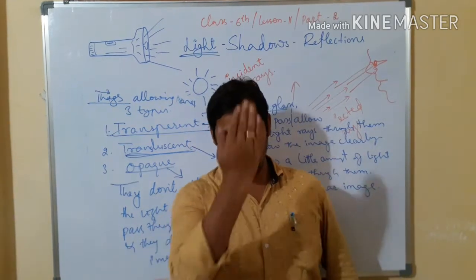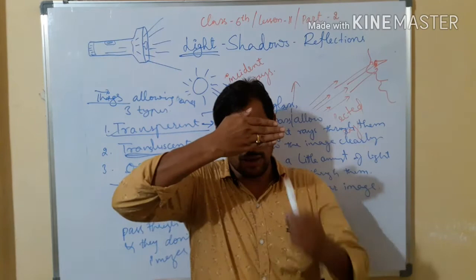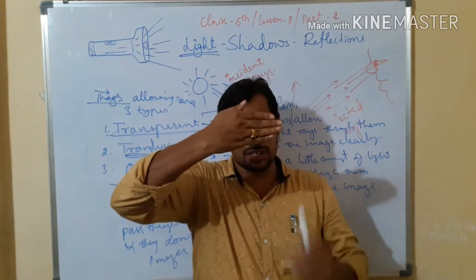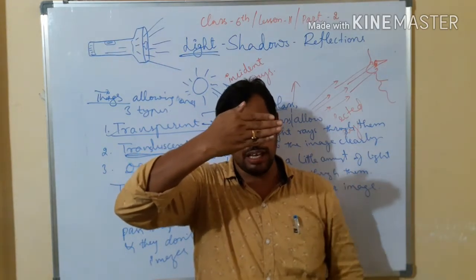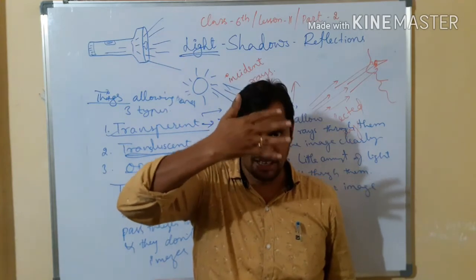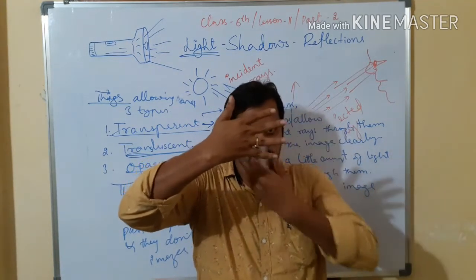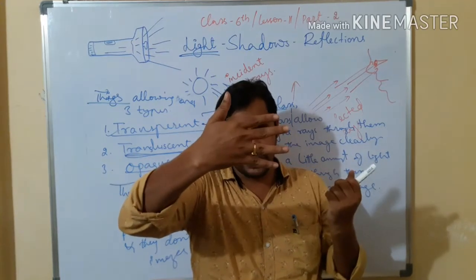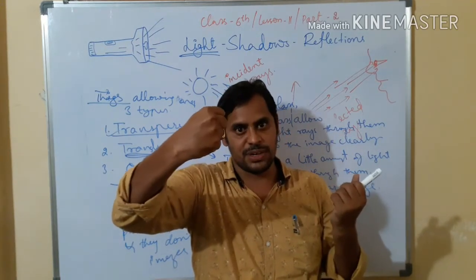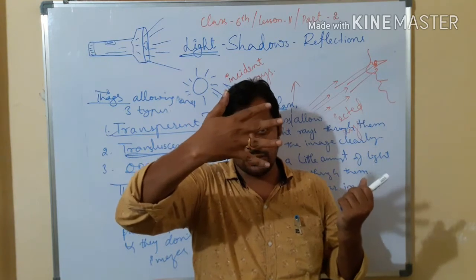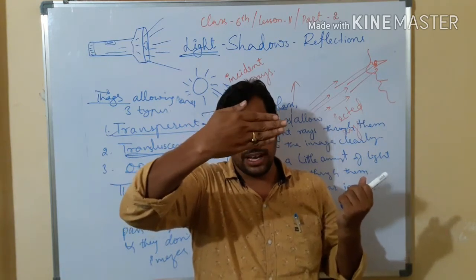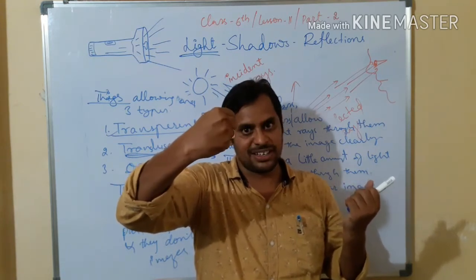Opaque, there is no penetration of light, you are unable to see my face, it won't show any image. Translucent, it allows a little amount of sun rays, so you can see my face but not clearly. Whereas the third one, transparent.